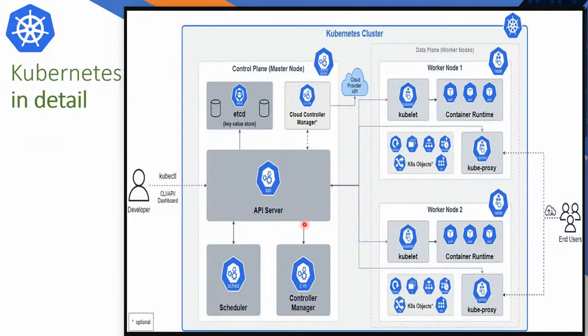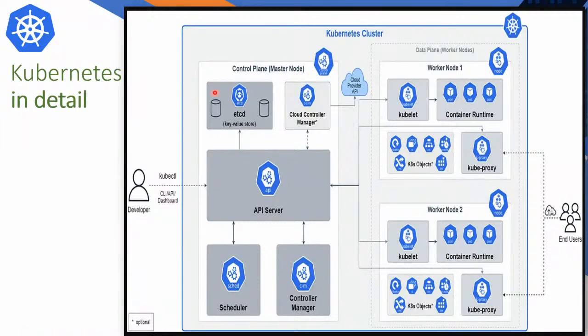The API server will also interact with the scheduler. The scheduler will in turn schedule all the pods or containers, and distribute the load to the kubelet and kube proxy, and the kube proxy will distribute that load between the nodes and the pods. And there are the controller managers. Along with the cloud controller manager, these are the 5 important components of a control plane called the master node.